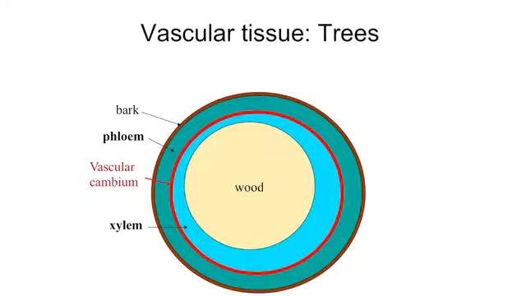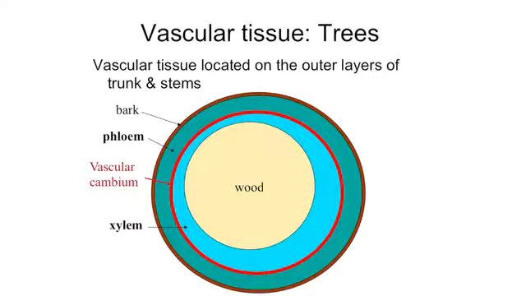In a dicot stem where everything's arranged in a circle, the xylem and the phloem tissue are arranged in concentric circles, where the phloem is outward, the xylem is inward, and they're separated by the cambium, which is the meristem layer.